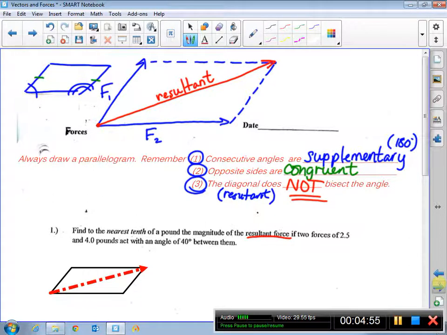So if I'm given this original angle and I draw the resultant, these two angles are not equal in measure. That's real important because you're going to be tempted to do that. The best one to remember and start with is to label the supplementary angles.